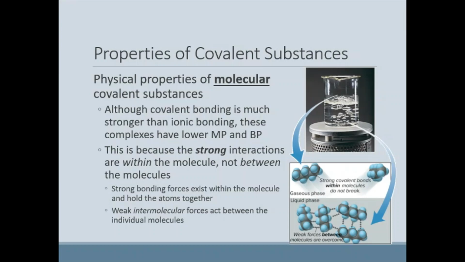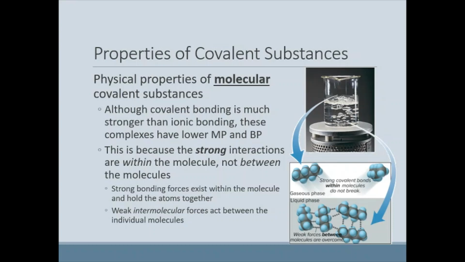So similar to the ionic complexes, all covalent substances have very similar properties as well. When we start talking about molecular complexes, you have to keep in mind that these are not ions that just happen to be stuck to each other because they're positive and negative. For covalent substances, because they are sharing electrons, there are not real lines or sticks between them, but we refer to these as bonded atoms or shared electron pairs.